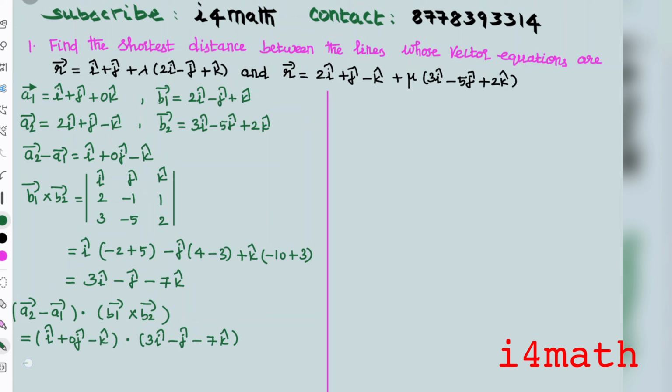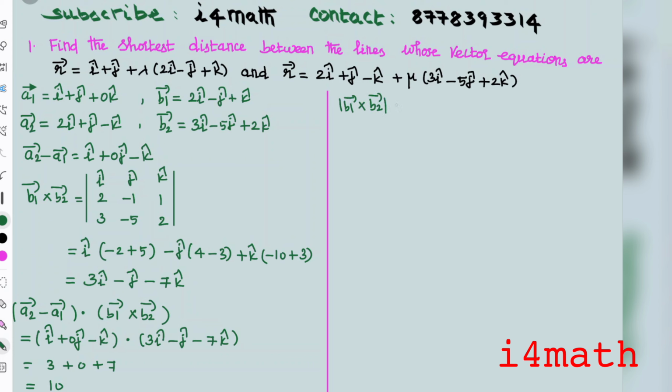Now let's take the dot product between these two vectors. So i cap and i cap we have to multiply. So 1 into 3, 3. Next 0 into minus 1, that is 0. Next minus 1 into minus 7, that is plus 7. So 3 plus 7 is 10. So a2 vector minus a1 vector dot b1 vector cross b2 vector is 10.